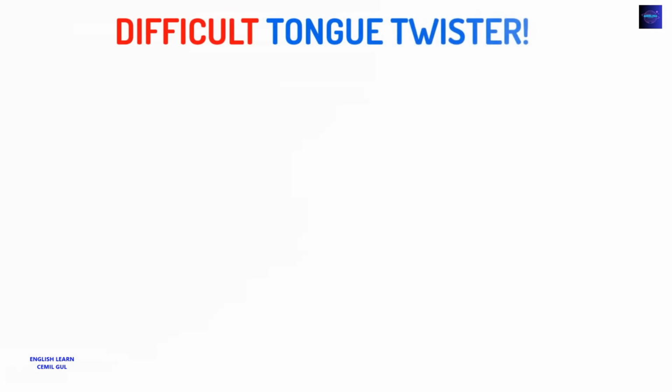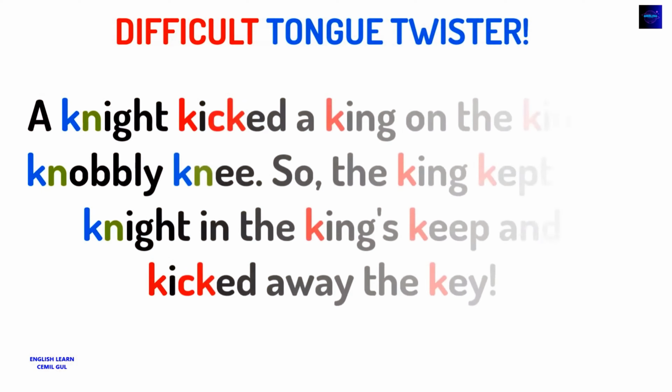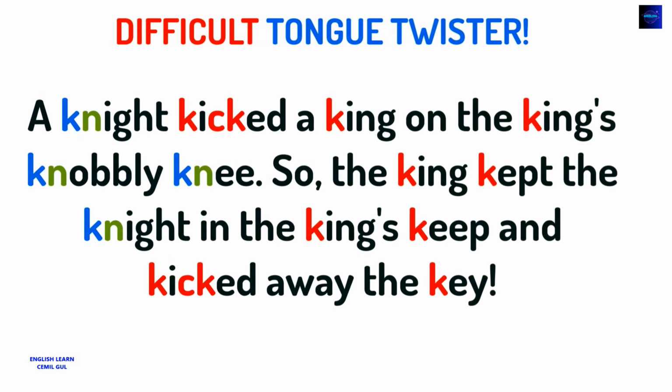Okay, now let's try a more difficult sentence. Look on your screen now and you'll see a really long sentence with lots of silent Ks and lots of K sounds, okay? So, practice with me. A knight kicked a king on the king's knobbly knee. So the king kept the knight in the king's keep and kicked away the key.